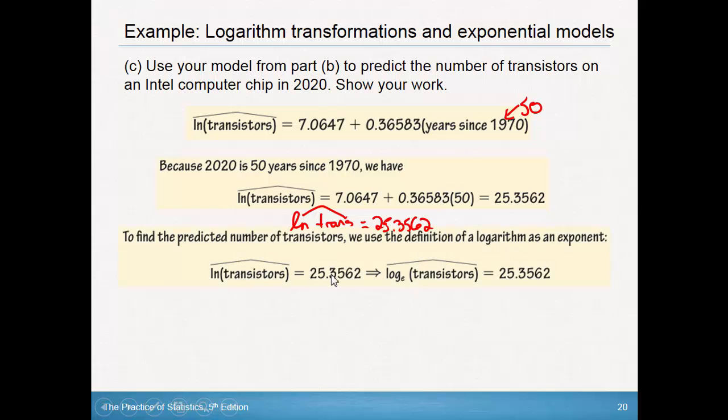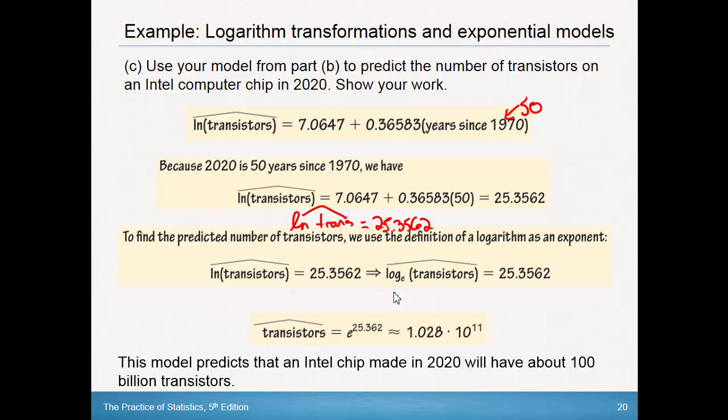That's log base e of the transistors equals 25.3562, or e to that number equals the predicted transistors. So about 1.028 times 10 to the 11th. It's about 100 billion transistors in 2020 is what we predict.